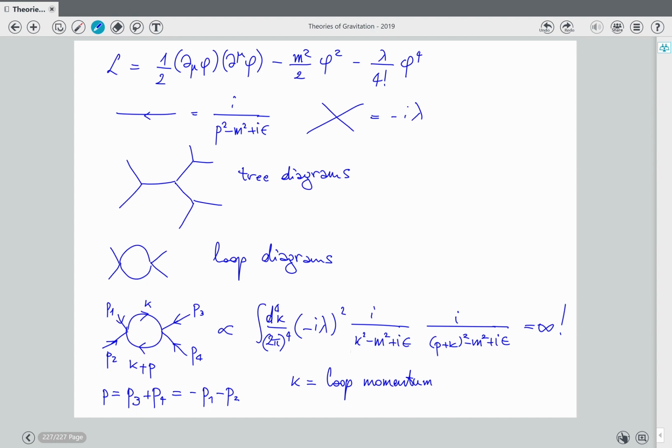You can use the residue theorem, and the expression of the integral is well defined for all finite regions of integration. The point is when k squared is large, or (p plus k) squared are large, or both, or one of them. p is fixed because p is the external momentum, so the only problem is when k is large.